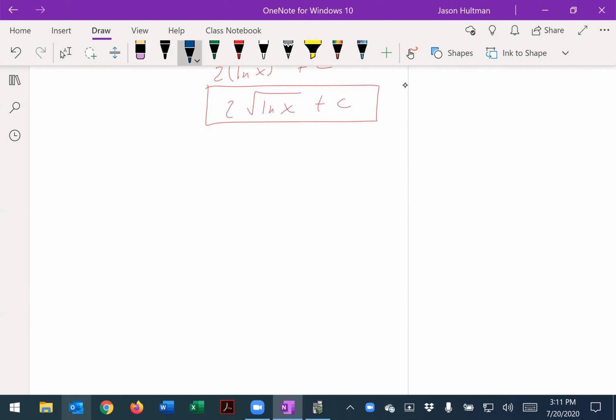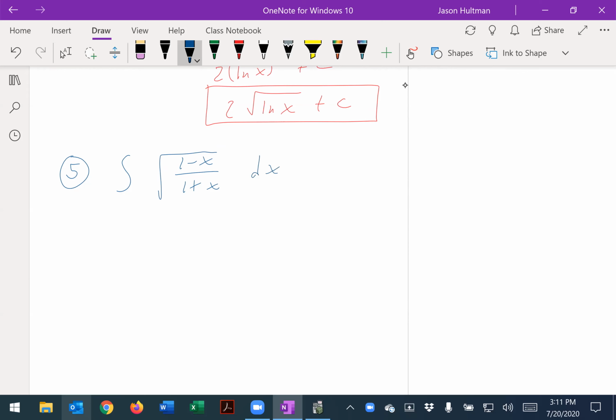Let's do number 5 here. The integral of the square root of 1 minus x all over 1 plus x. I'd like to get this as a trig function. The only thing I have to do is manipulate it algebraically in order to do that.